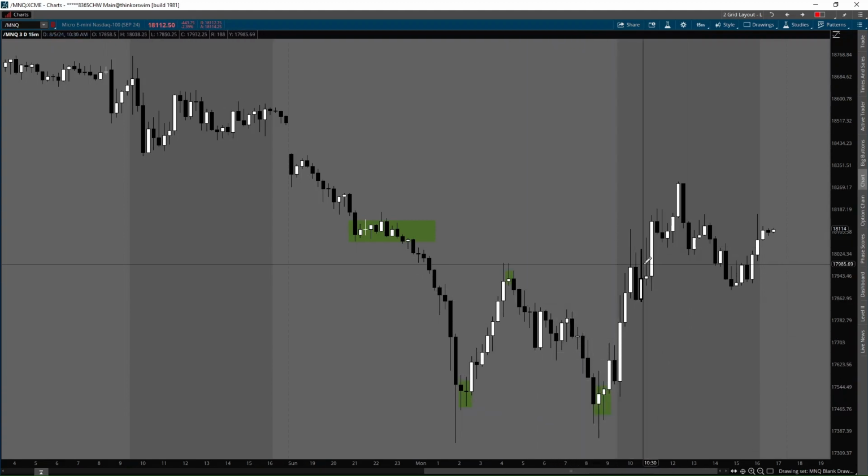These are what you're looking to identify: changes in sentiment. And when I say changes in sentiment, what I really mean is you are looking to identify areas where selling volume is decreasing and buying volume is stepping in. And the reverse. You're looking for areas where buying volume is decreasing and selling volume is coming in.